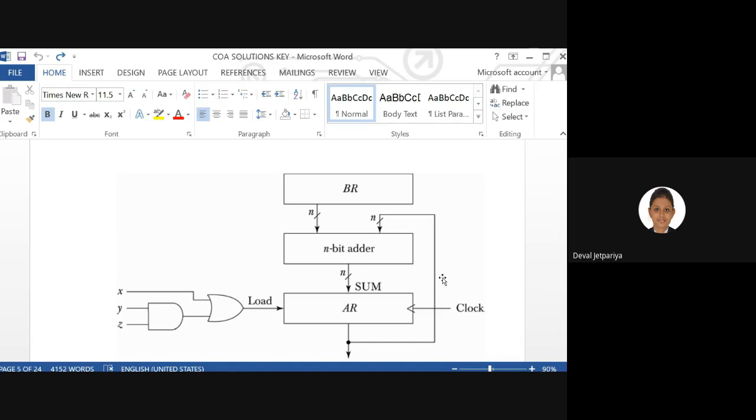So in output we have to provide, yes, yes, yes.